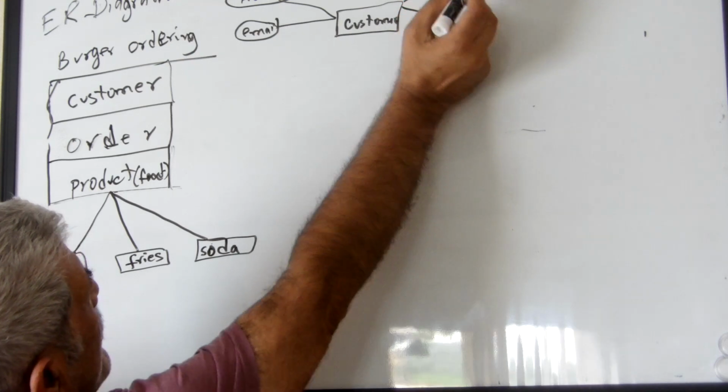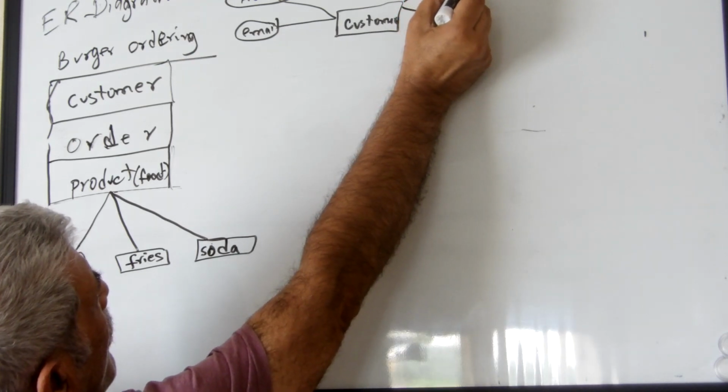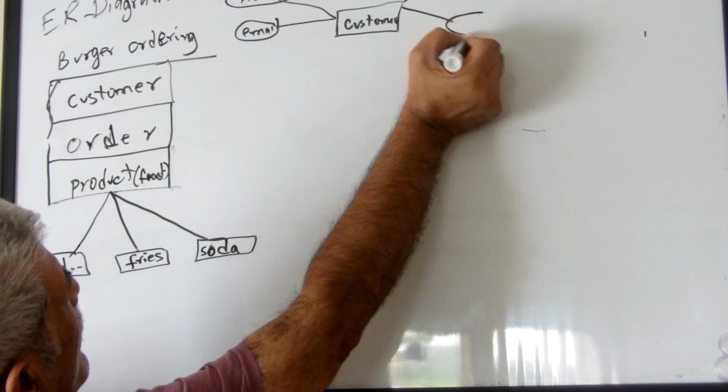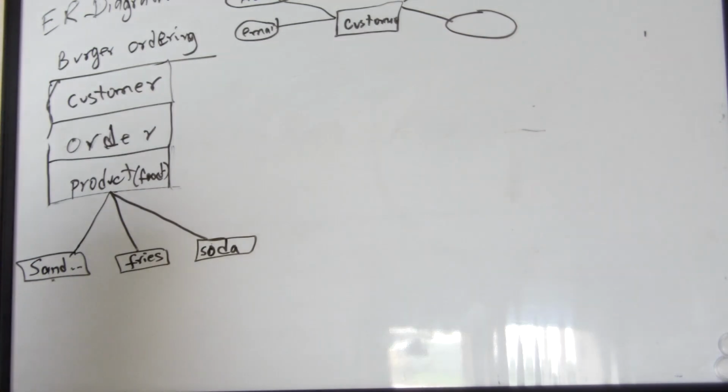Let's talk about composite name, and then let's finish this one. So the customer has attributes.